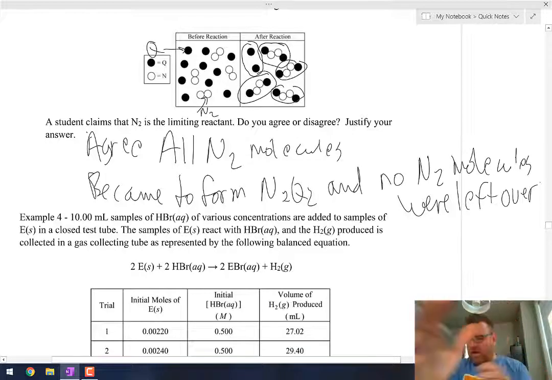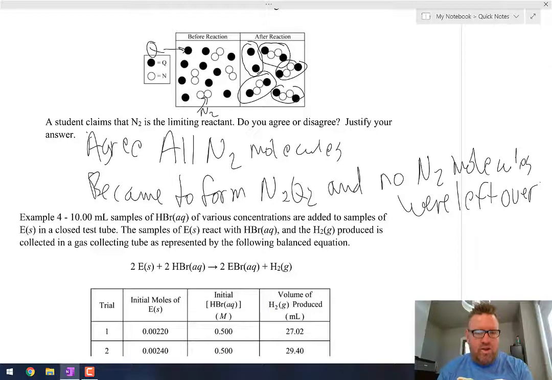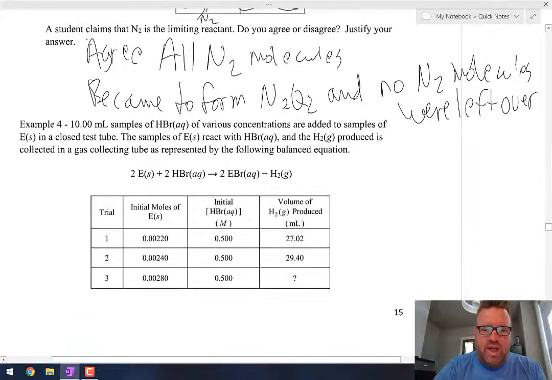You could probably go at it from the Q point of view as well. You could say, of course I agree N2 is the limiting reactant because there's some Q left over after the reaction got finished, which signifies that Q is the excess reactant and N2 is therefore the limiting reactant.